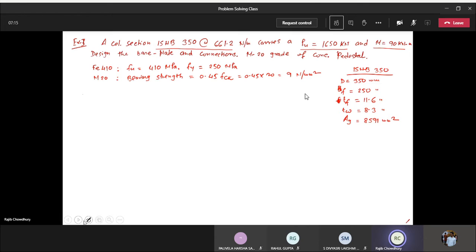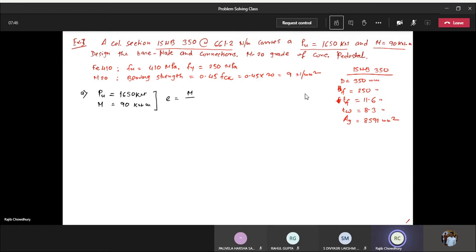Let's say if we start this particular problem, the Pu, the factored axial compressive force, has been given as 165 kilonewton, and the factored moment has been given as 90 kilonewton meter. Okay, so using these two, what we need to find out first is the eccentricity that is going to develop. So how much would it be?